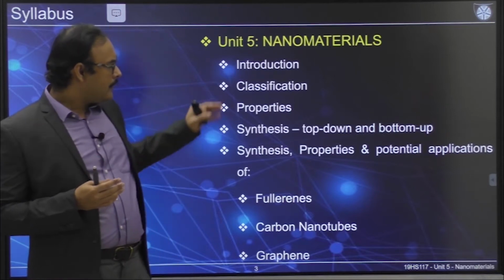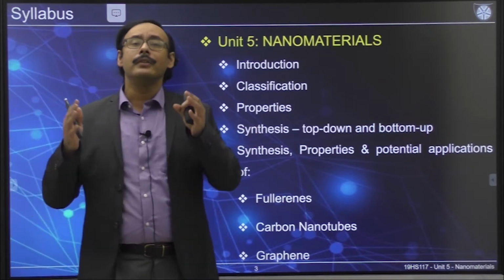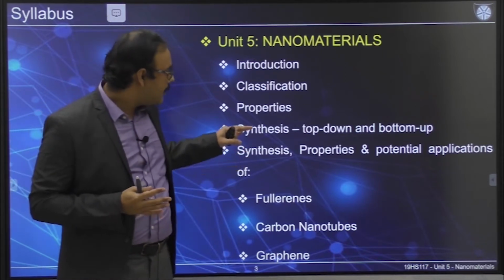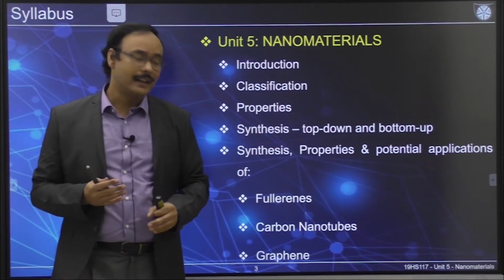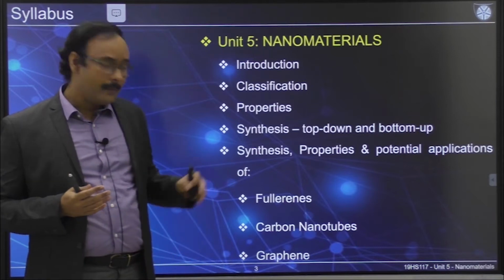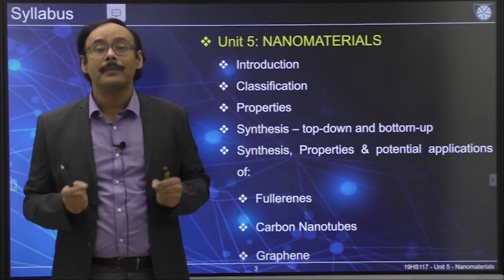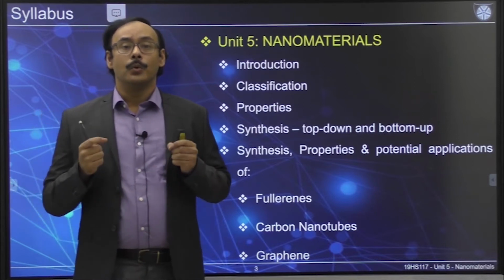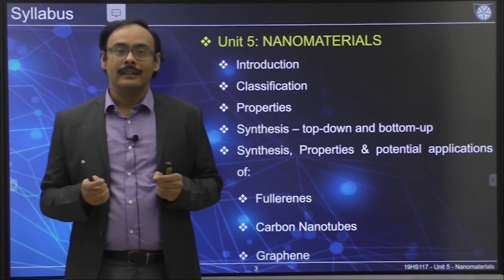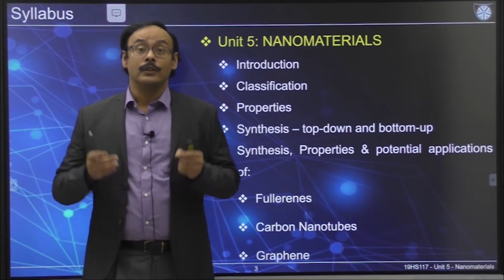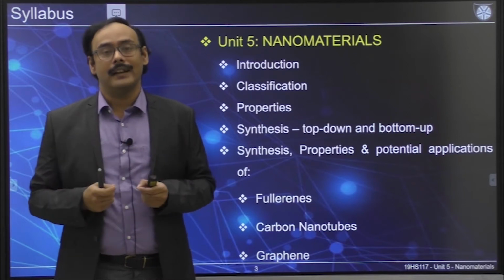Followed by that, the way we have structured the syllabus, we are going to discuss the synthesis, properties and potential applications of fullerenes, carbon nanotubes and graphene. These are the three major carbon based nanomaterials which have pretty much revolutionized the way we think of nanomaterials and the way we think of their applications.